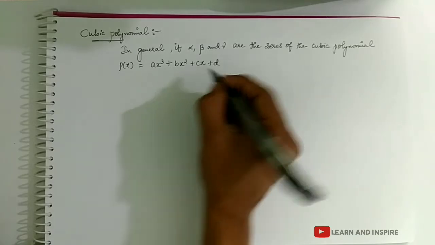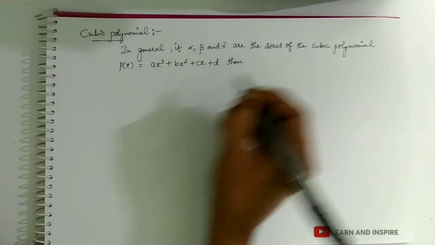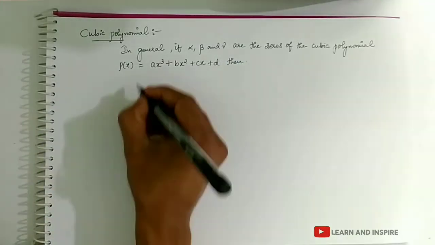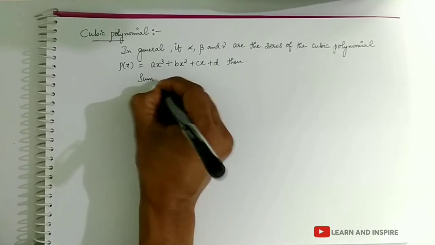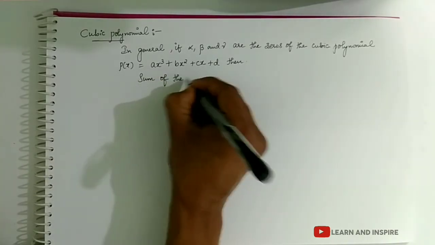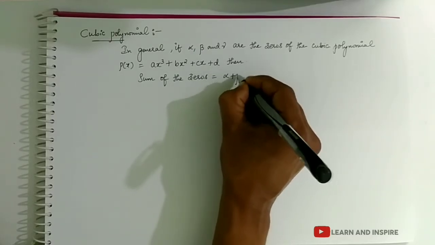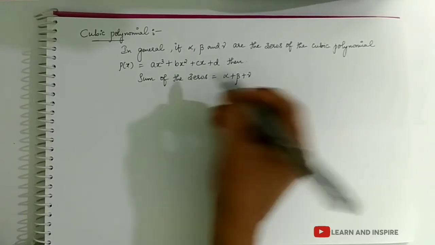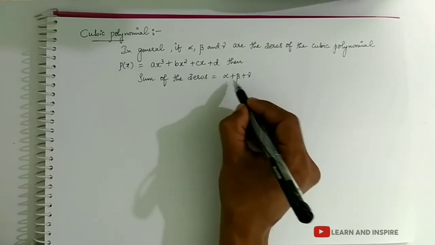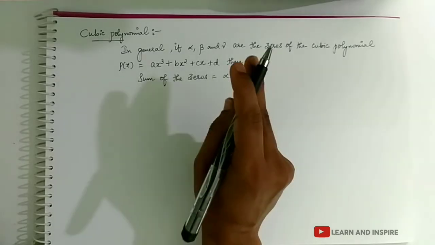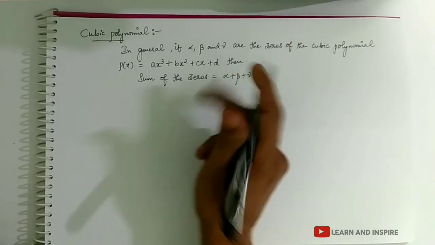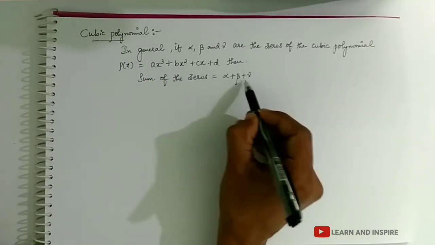Now from this we can write the sum of the zeros and the product of the zeros. The sum of the zeros is equal to alpha plus beta plus gamma. In a quadratic polynomial, the sum of the zeros is alpha plus beta, because we have 2 zeros. In a cubic polynomial we have 3 zeros.